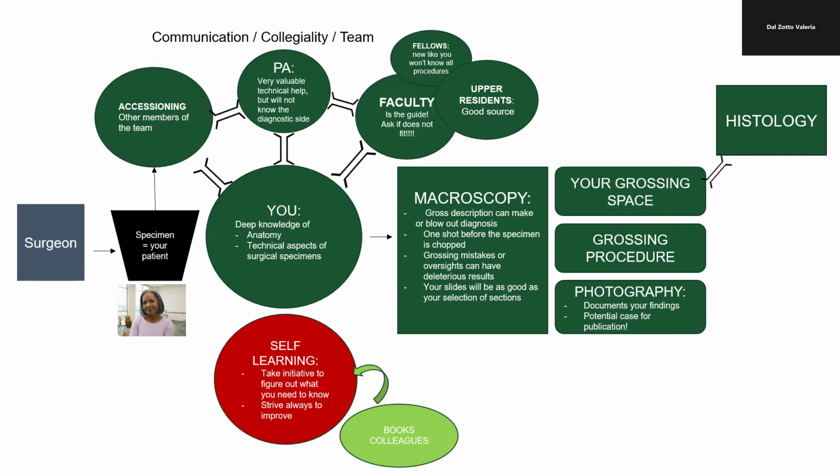The accessioning team is in charge of receiving the specimen, corroborating that the specimen has paperwork and an order from the surgeon, and that everything matches the paperwork. It gives a number, which we call the accession number for surgical pathology. After accessioning gives a number, you are going to receive the specimen.